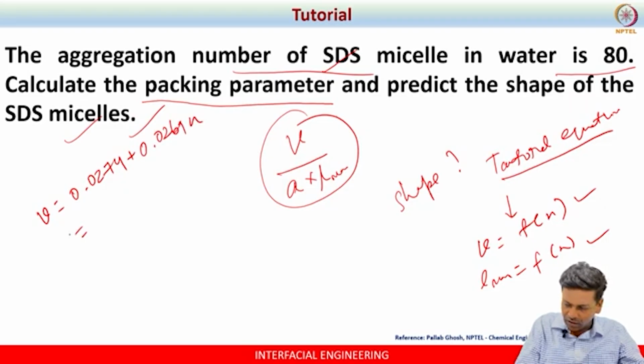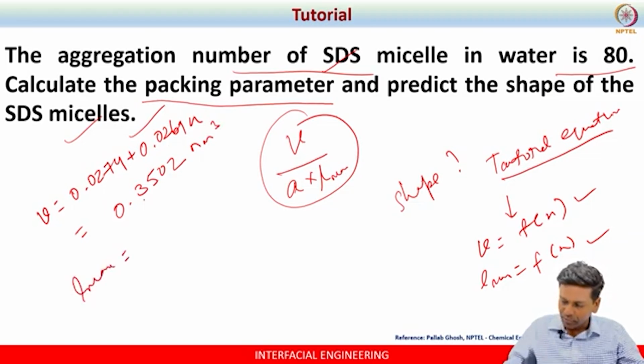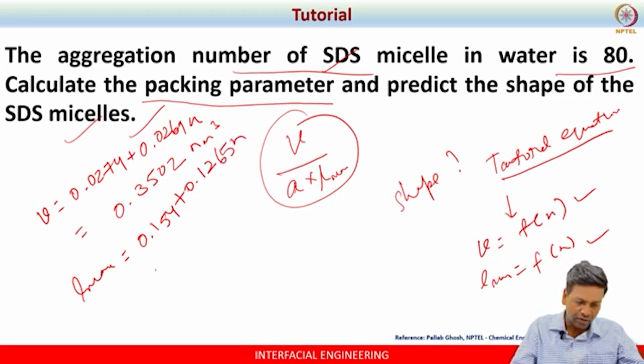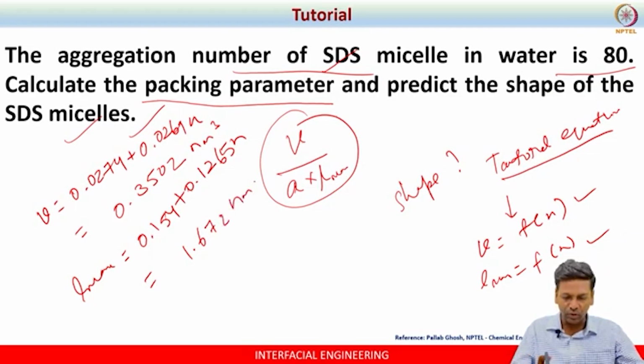When you calculate this, you would get 0.3502 nanometer cube, and L max is 0.154 plus 0.1265 n. So this is nothing but 1.672 nanometer. So these two values we know.